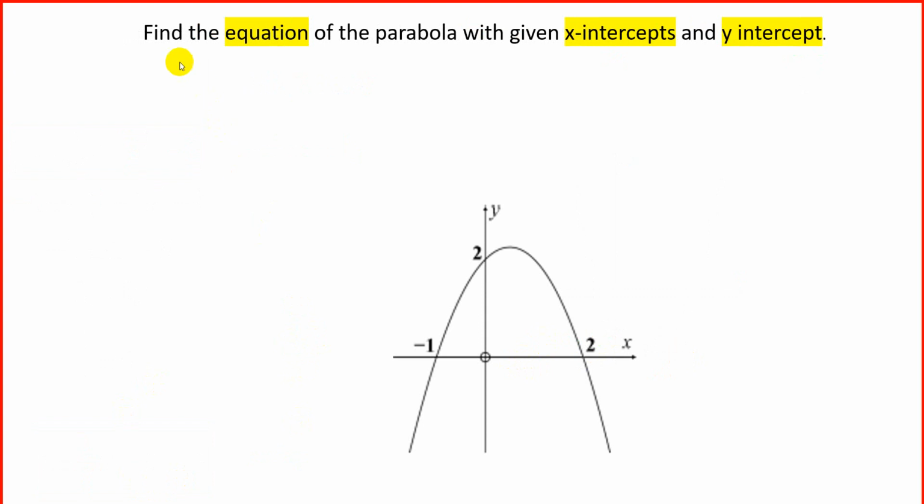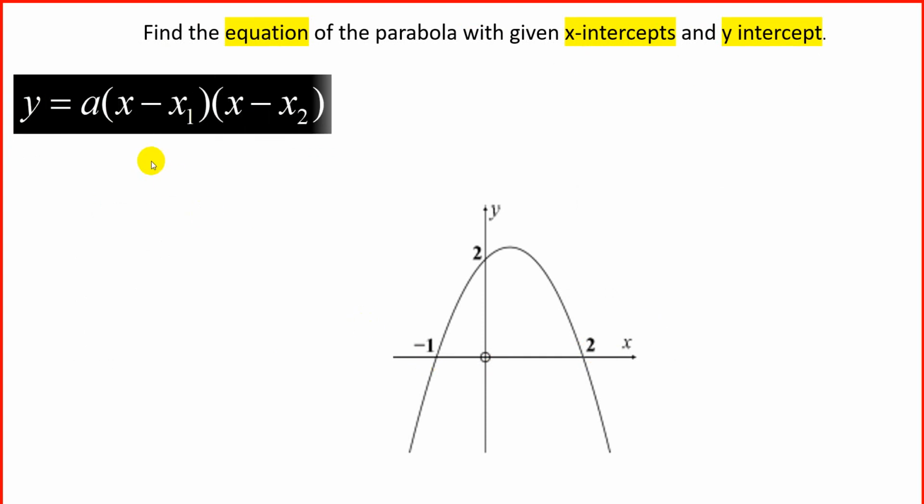Going to the next question, it says find the equation of the parabola with given x-intercepts and y-intercept. You notice the x-intercepts are 2 and -1. So we're going to start off with the standard equation of the parabola given x-intercepts, the equation that you need to learn, y is equal to a into x minus x1 into x minus x2.